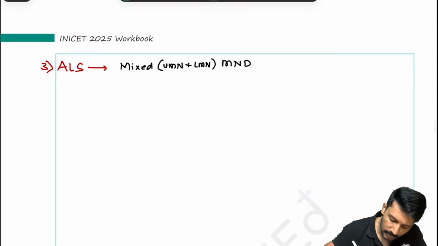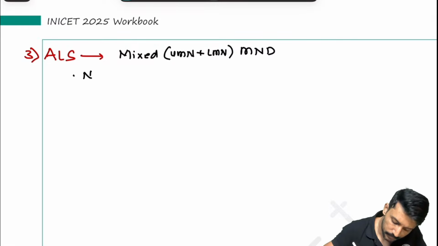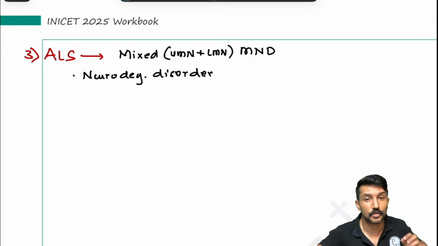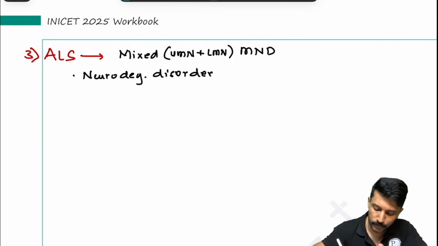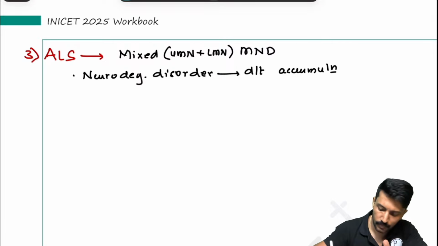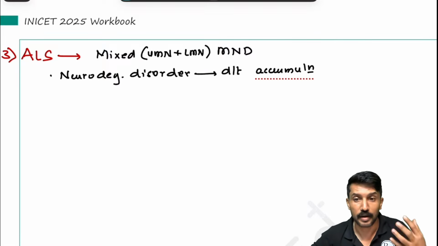Why do they degenerate? It is a neurodegenerative disorder, and most of the neurodegenerative disorders are due to accumulation of some or the other things in the neurons. So what is being accumulated here? Like Alzheimer's is due to amyloid beta and tau.